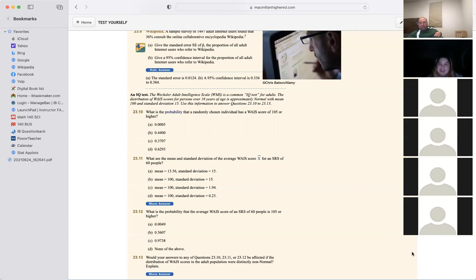Crypto.com. Is it 0.0049? Yes, it is 0.0049. Tell us how you got that, please. So you do the same normal CDF, lower 105, upper 9s, and then the mean is 100, and standard deviation is 1.94, which we just got. Yes.